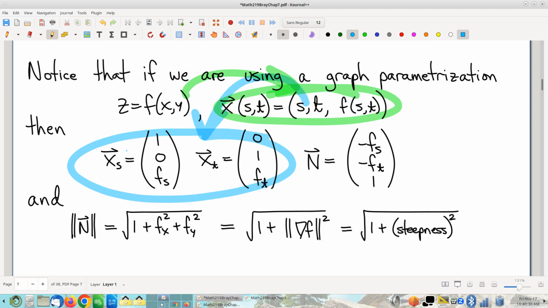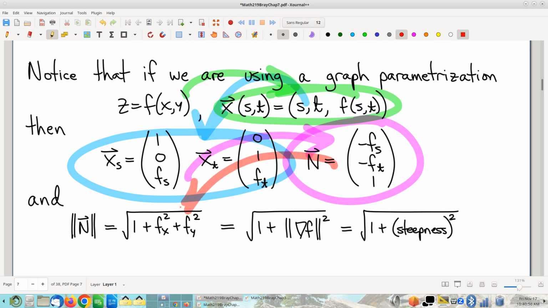Handy. When you do the cross product, notice how handy and convenient that the elements are just the negatives of the partial derivatives of the original function followed by a 1. And it's always a 1. And then when you take the magnitude, you get this formula right here.